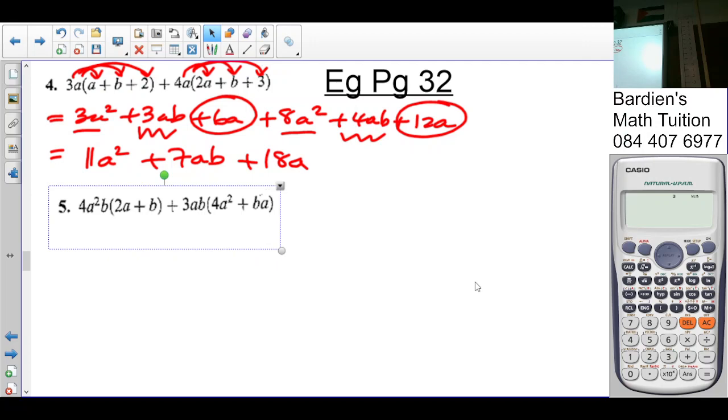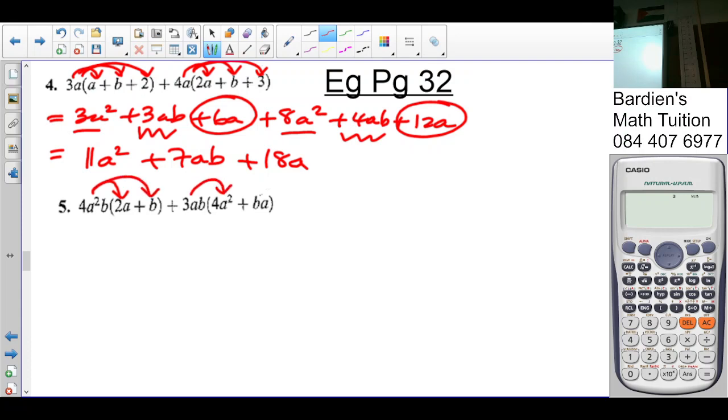Okay, go for it. So you're going to multiply 4a squared b by 2a, 4a squared b by b, 3ab by 4a squared, and then 3ab times ba. Carry on. 8a cubed b, yes. 4a squared b squared, yes.